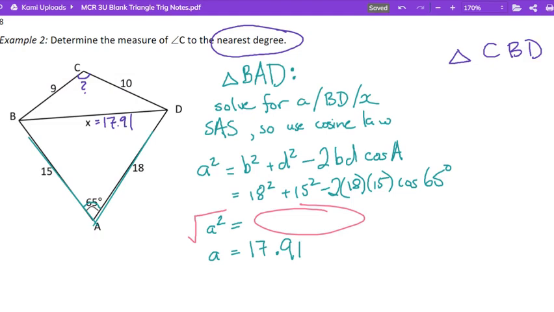Is this even possible for a triangle to have these measurements? No. Yes. I'm asking. What would be an impossible measurement for x? Annabelle. Yeah. Why 19? Think about it. We got 9, 10, 19. What would this triangle look like if this was 19 long?